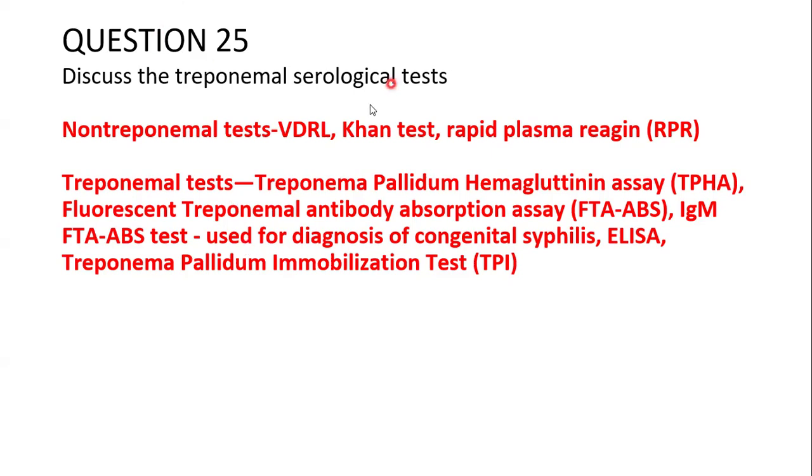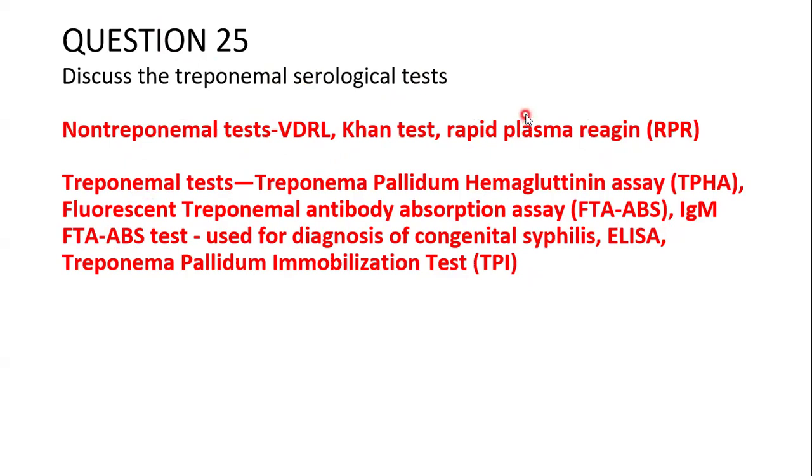So what happens is we don't usually rush to these tests for a patient we think has syphilis. We start with VDRL. Then if VDRL is positive, we now do FTA-ABS, fluorescent treponemal antibody absorption assay, to check if they're truly positive, because you can have false positives. VDRL and rapid plasma reagent are known as screening tests.